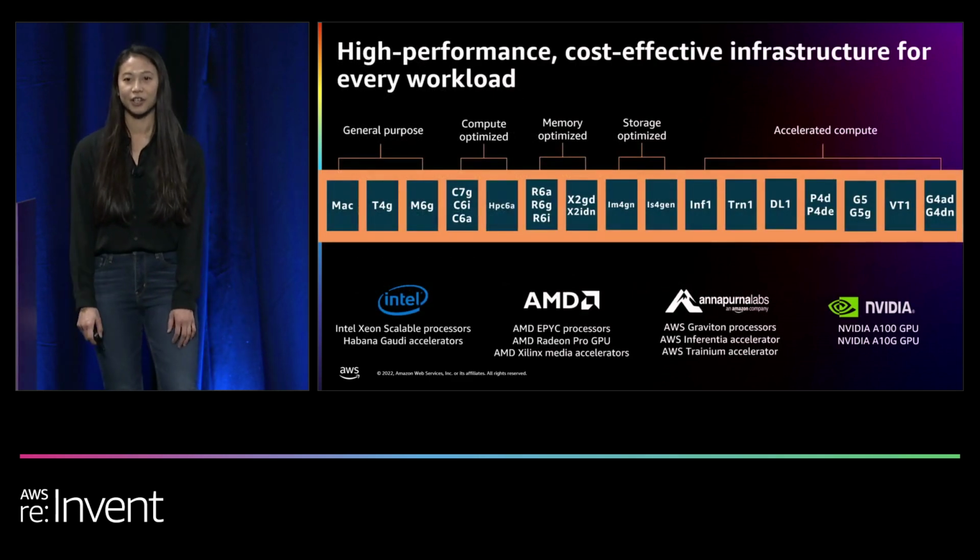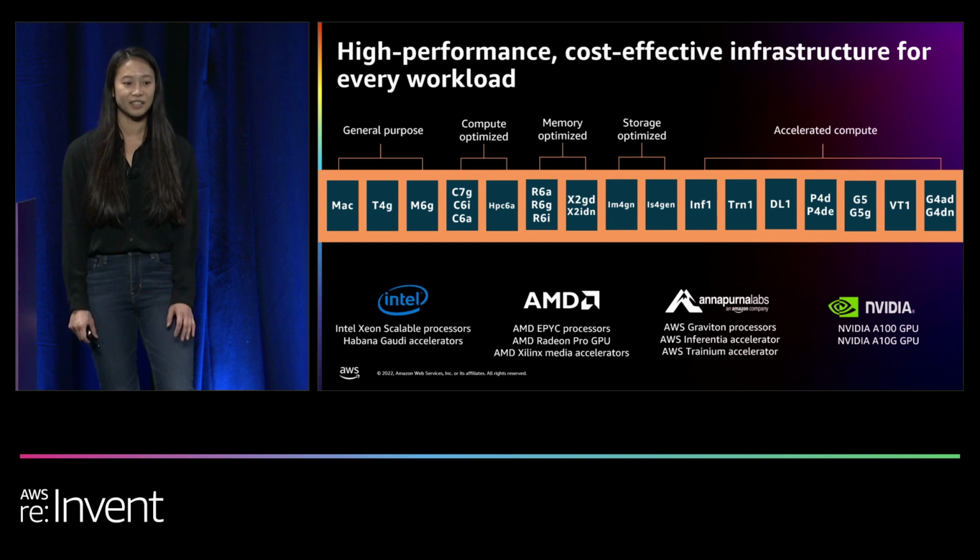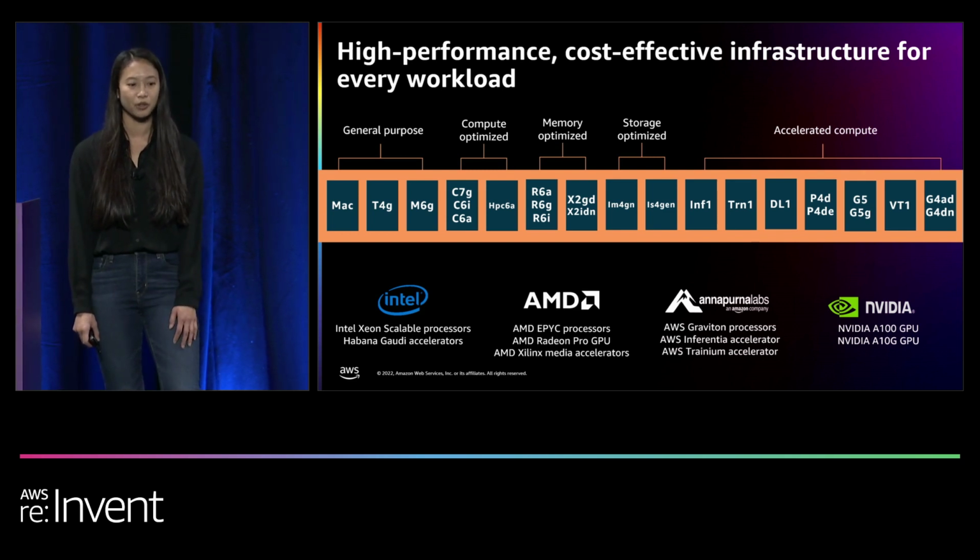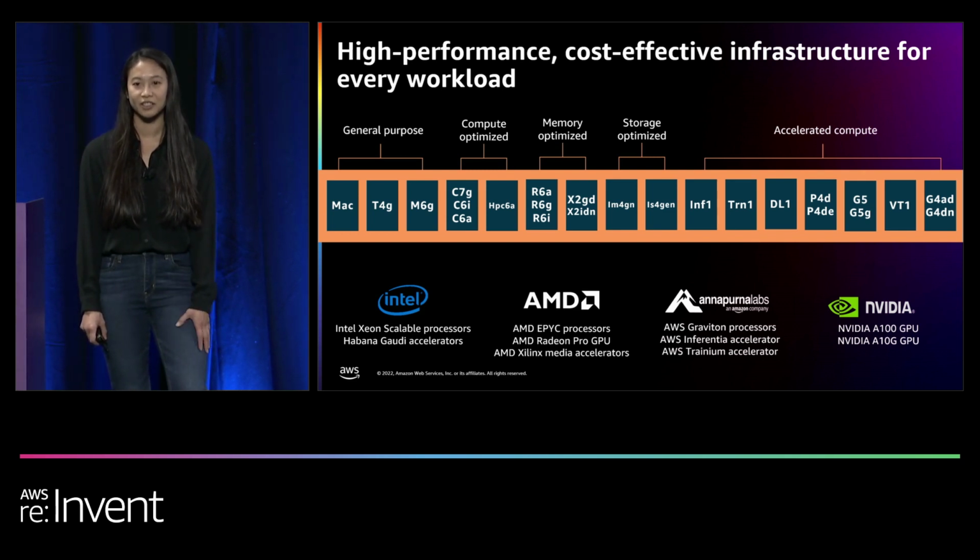So first, I just want to start by stating that EC2 offers the broadest portfolio of compute instances in the cloud. We have over 500 generally available instances to give customers the best price performance for their various workloads. With these over 500 instances, customers can find the best fit to optimize costs for their workloads.